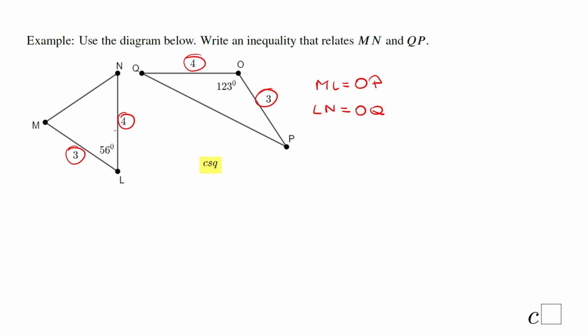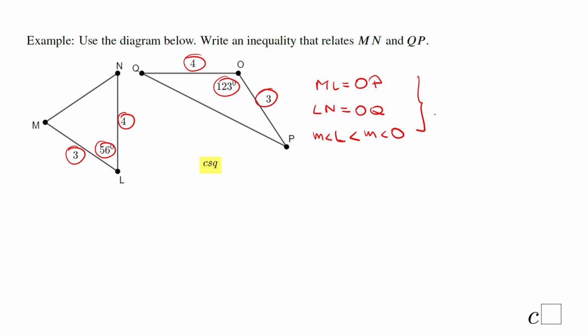But if you notice now, this angle is 56 and this angle is 123. So we can write this relationship, and because I start with the triangle that contains M, L, and N, I'm going to start with angle L. Angle L is less than angle O. We notice 56 and 123.